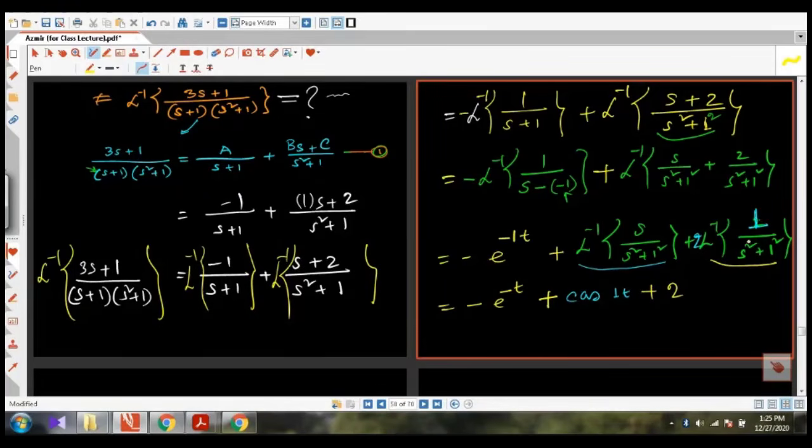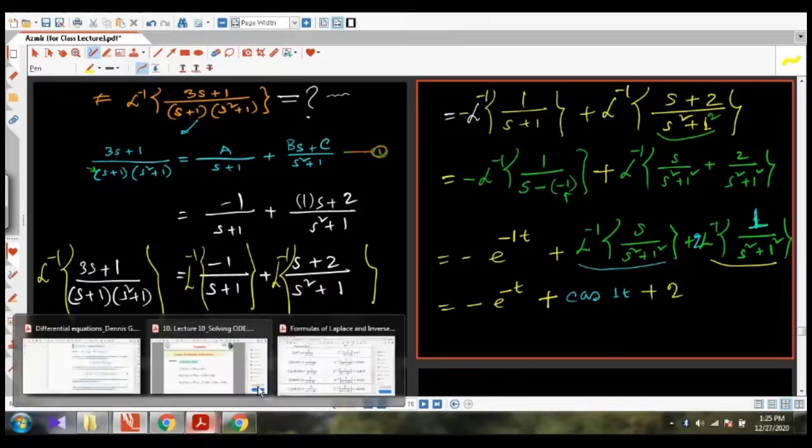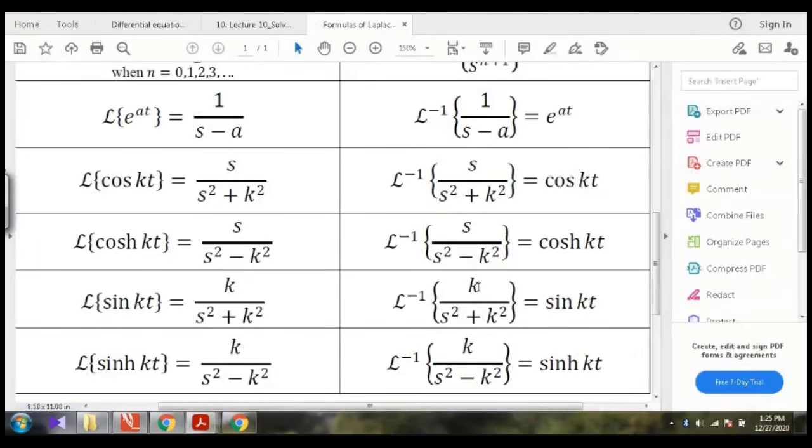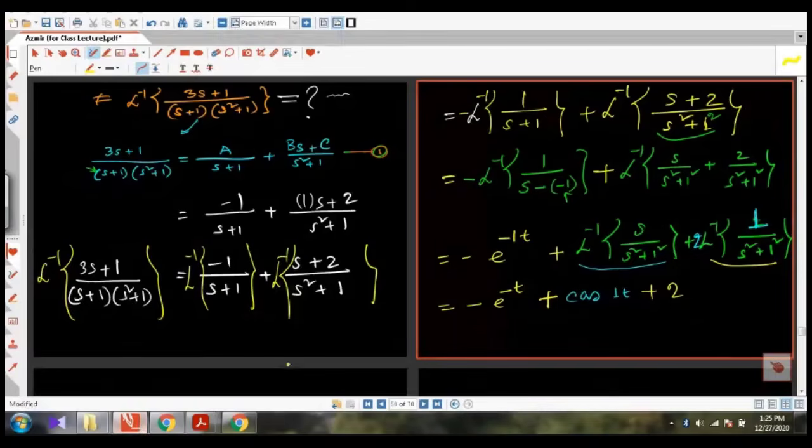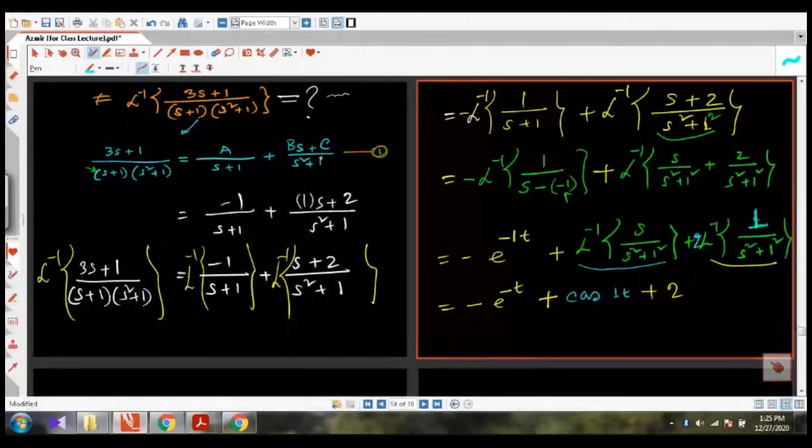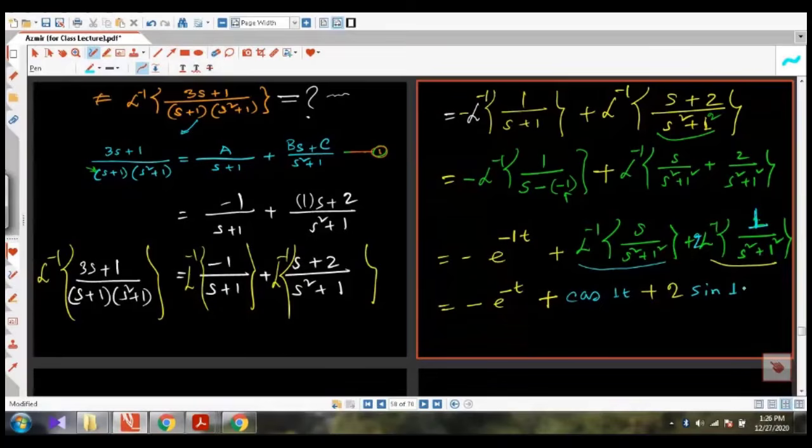Inverse Laplace of 1 over s squared plus 1 squared will be sine 1t. So sine t. That means finally the result is e power minus t, cosine t plus 2 sine t. This is our result f of t.